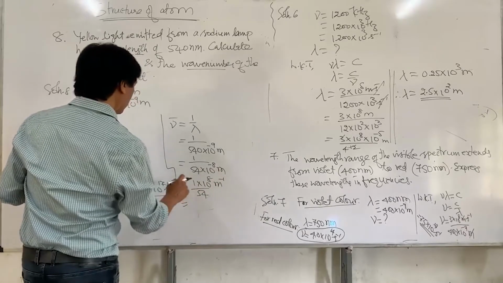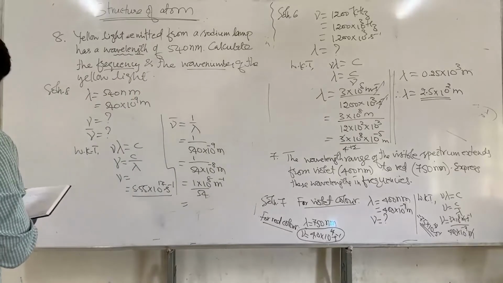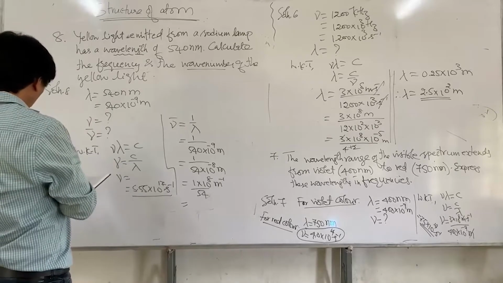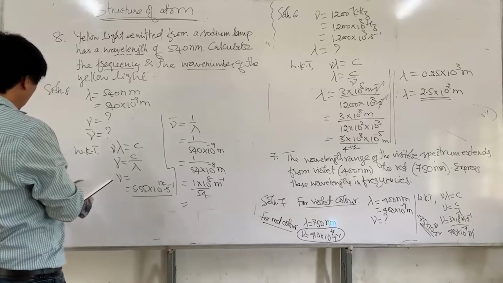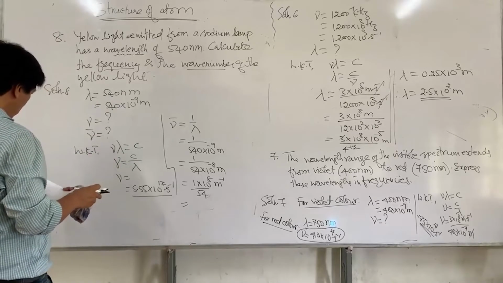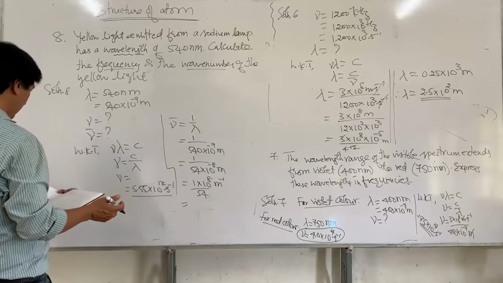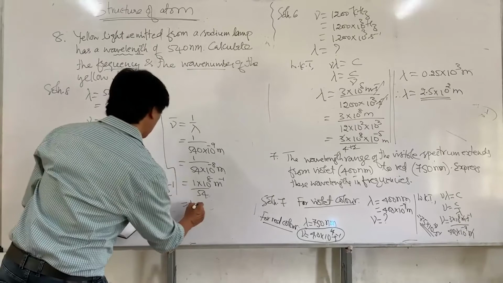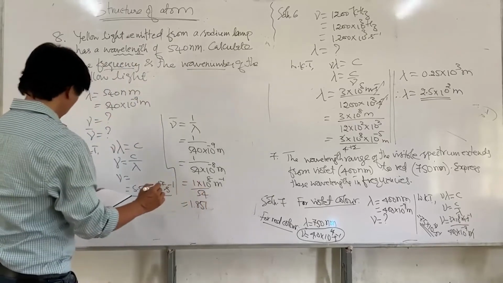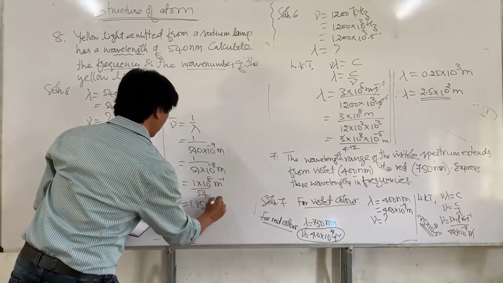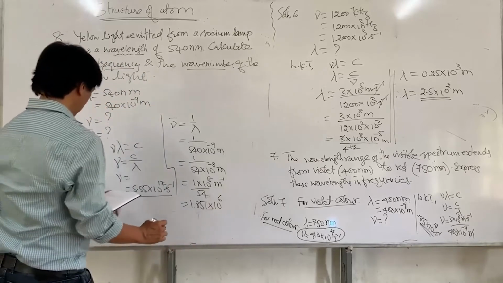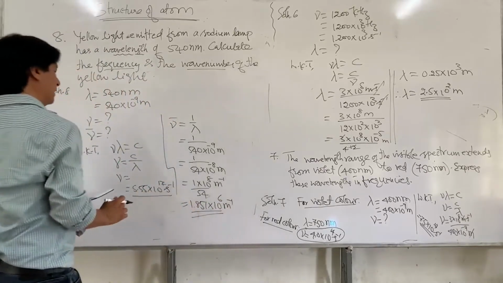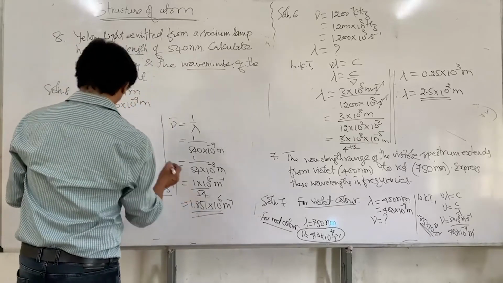The final answer I've got here is 1.851 into 10 raised to the power 6 per meter. This is in the scientific notation form. This is the answer you're supposed to get.